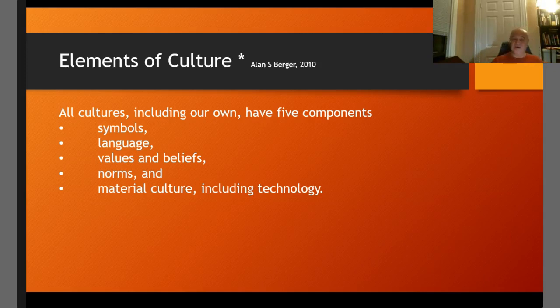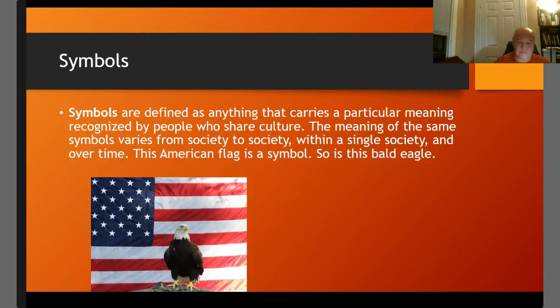The invention of the wheel, for example, or the discovery that fire could be used to cook food are examples of technology, not just laptops and widescreen TVs. Let's talk about each of these in turn for a moment before we get to the topic at hand that we're going to discuss a little bit in Module 2, Subcultures. First, let's look at symbols.